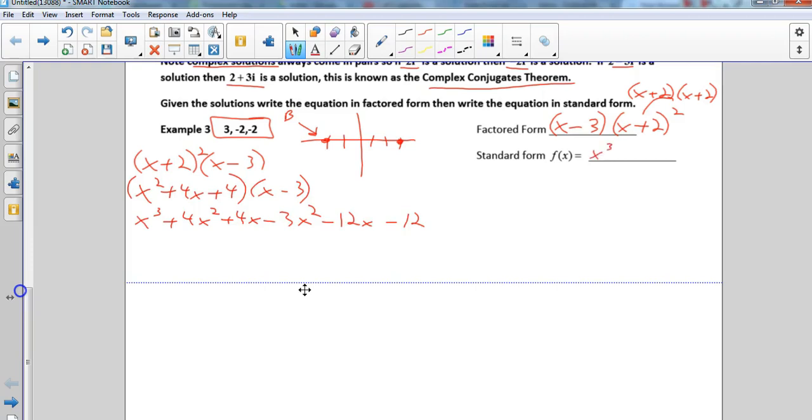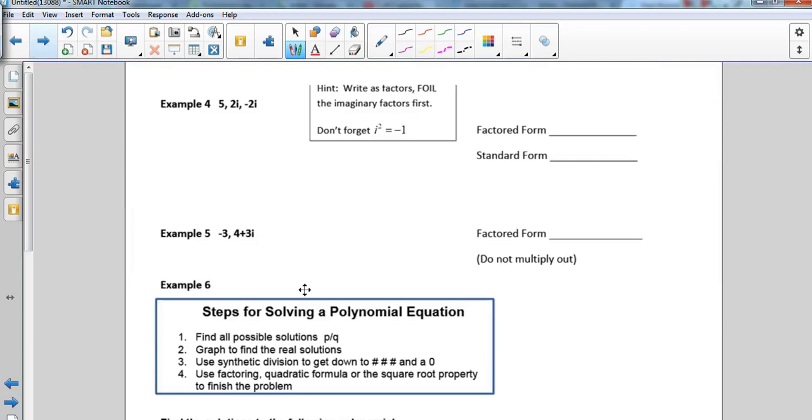Standard form is going to be x cubed. 4 of these, take away 3 of these is 1 of those, x squared. 4x minus 12x is negative 8x. And negative 12 just tags along. There you go. Okay.